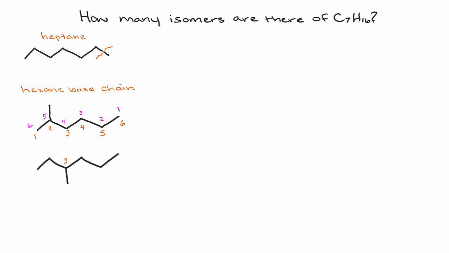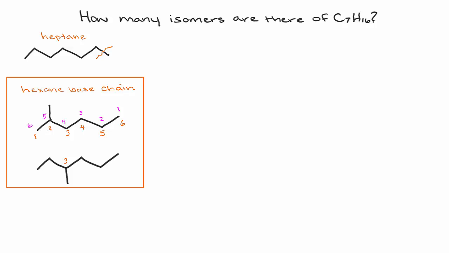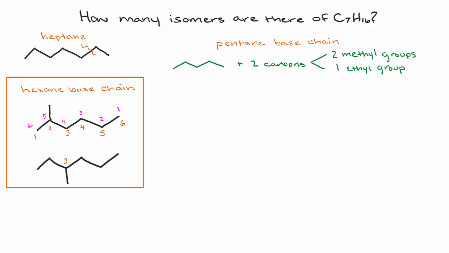When all position options have been exhausted, return to the heptane and remove 2 carbons from the chain. This leaves a pentane base chain with 2 options for substituents, 2 methyl groups or 1 ethyl group. We will start with the methyl groups on the same position. When the methyl groups cannot be moved to a new carbon atom in the chain without creating a duplicate, separate the methyl groups.